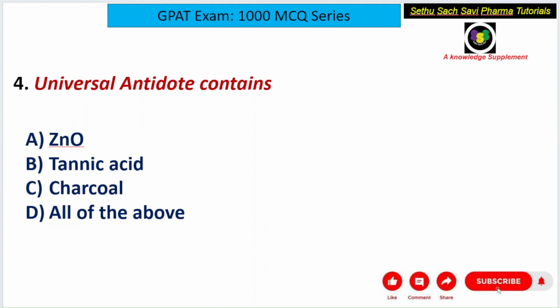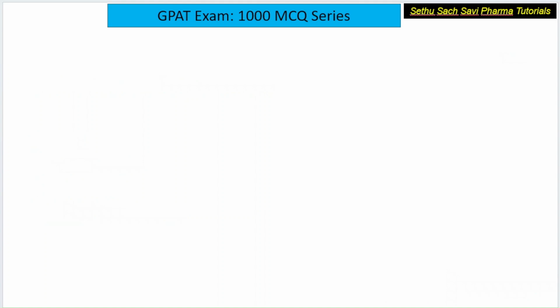Universal antidote contains: A, zinc oxide; B, tannic acid; C, charcoal; D, all of the above. Regarding universal antidote, you need to understand a couple of things. Whenever poisoning happens, one of the procedures to tackle it is gastric lavage, which is a kind of stomach wash, so that you can completely remove the poison from the body.